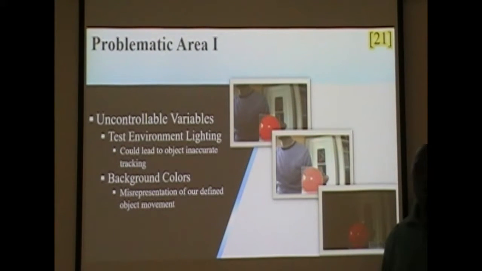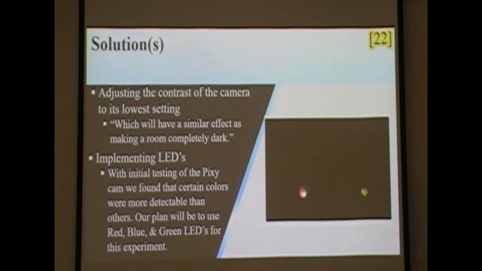The solution that we came up with was to take the normal contrast of the Pixie and drop it down to its lowest level to where it would simulate basically a black room. And in that setting, we use LEDs, so that it would be the brightest object in the darkest room.